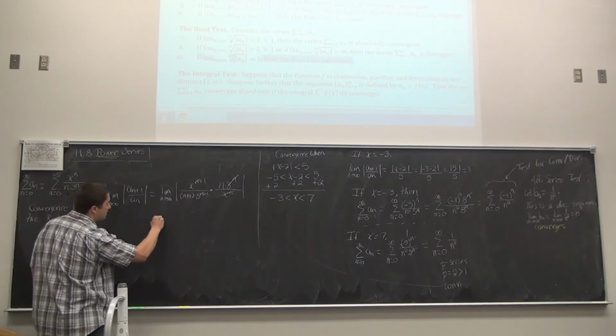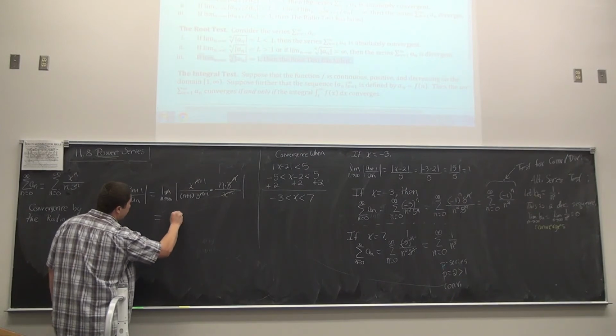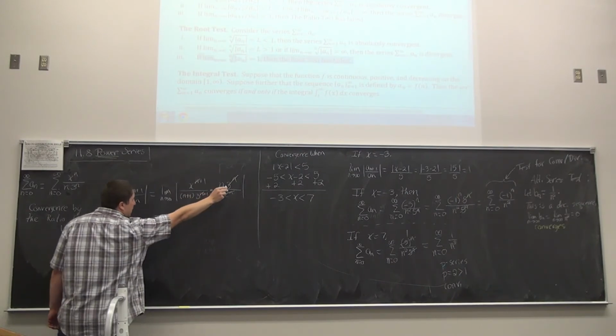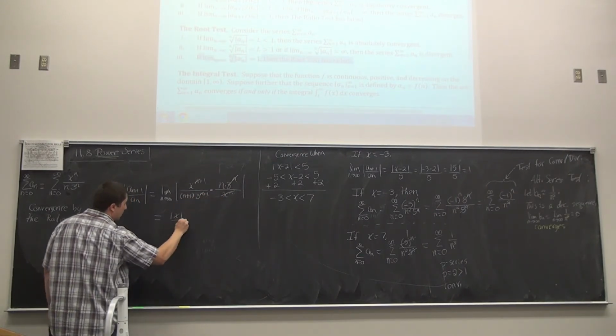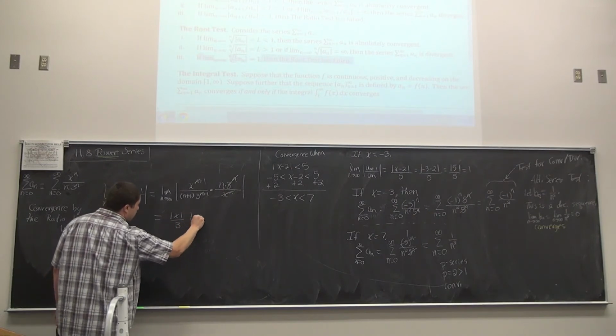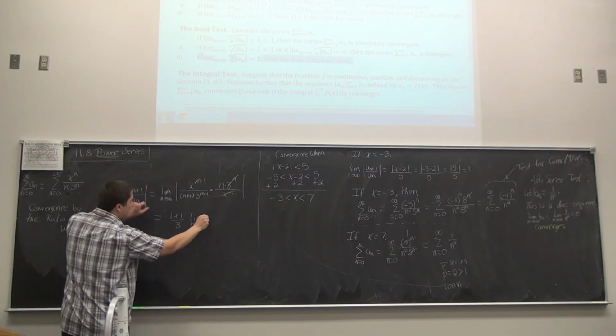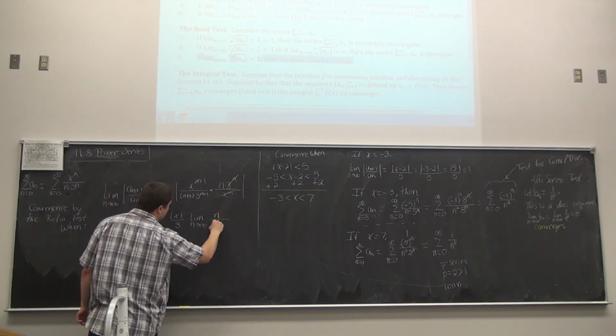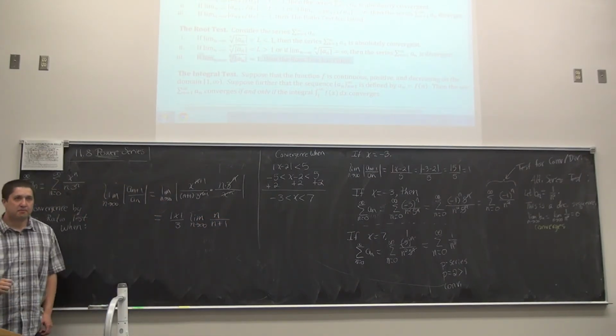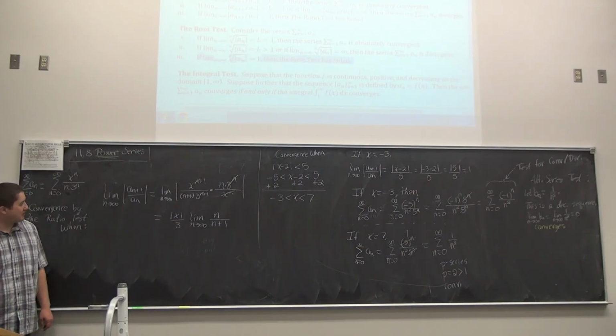So let's maybe take one extra step. We have the absolute value of x coming from here, divided by 3 to the power of 1, so just 3. That's still multiplying by the limit, as n goes to infinity, of n divided by n plus 1. But those again are the all-time best limits ever.